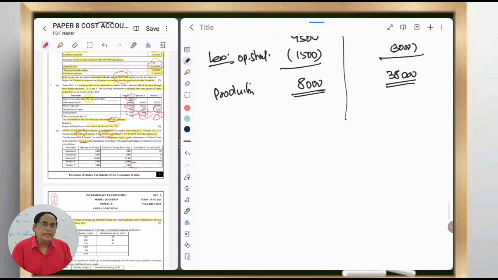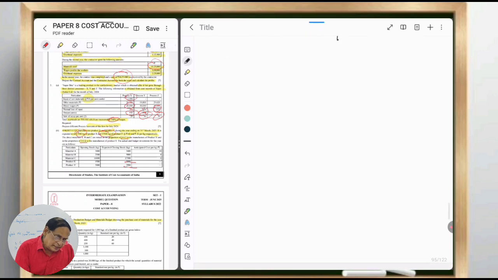Actually, for these we are in need of three materials A, B, C. So how much of A, B, C is required for producing products X and Y, what is the closing stock and opening stock, and how much we have to purchase? What is the purchase price? So we will calculate the purchase budget.